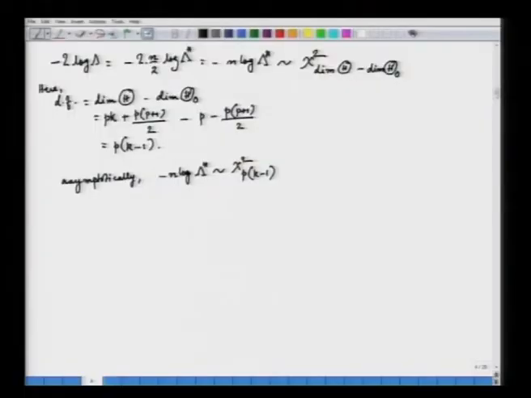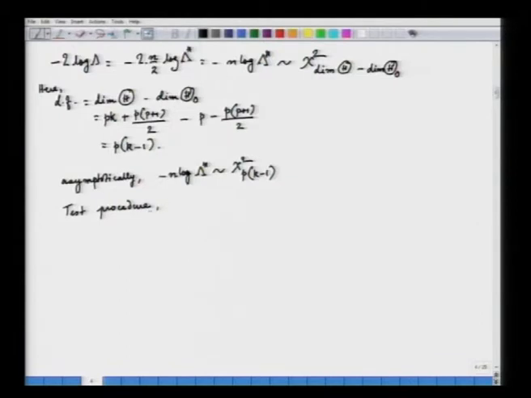Okay. The test procedure next is the decision. As we have already said, we reject H naught, the null hypothesis, if the observed value is small. So, what is happening here? We are considering minus n log lambda.